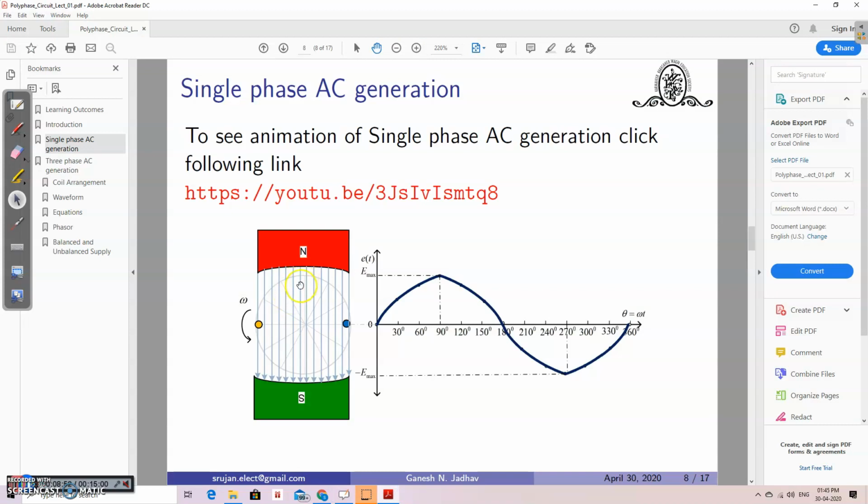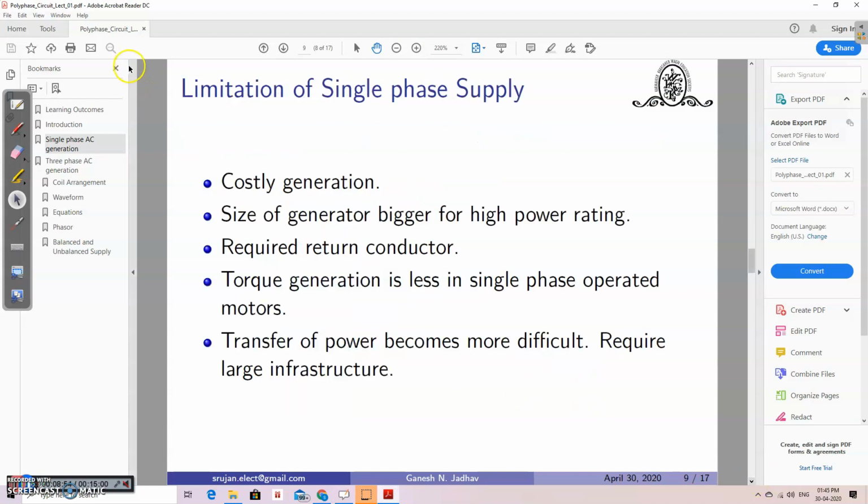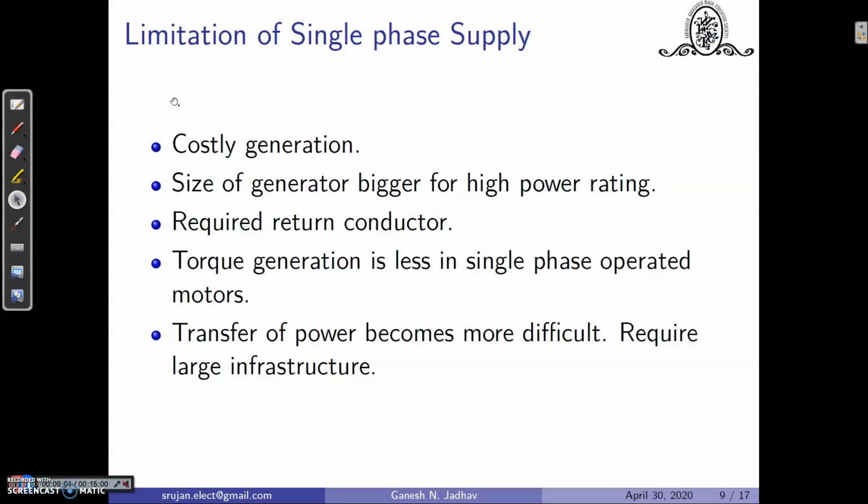Now again we will go to our presentation. But what are the limitations of single phase generation? There are various limitations of single phase generation. It is a costly generation. The size of the generator is bigger for higher power rating.